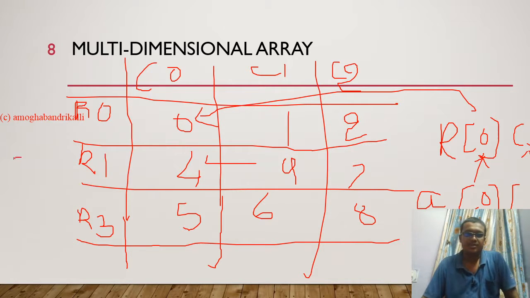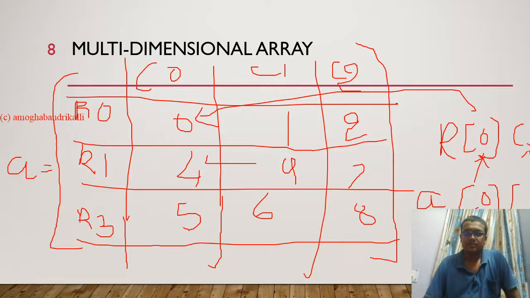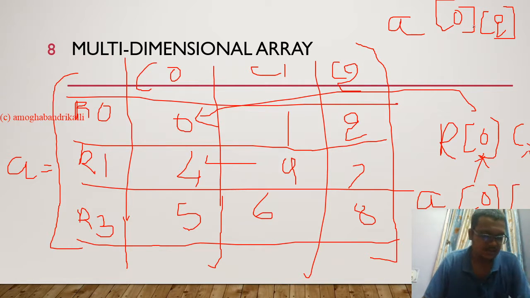So if it has been assigned to a multi-dimensional array like this, and you need to access another element of the 0th row, you can just go for a of 0 and the second element. So this is called a multi-dimensional array.